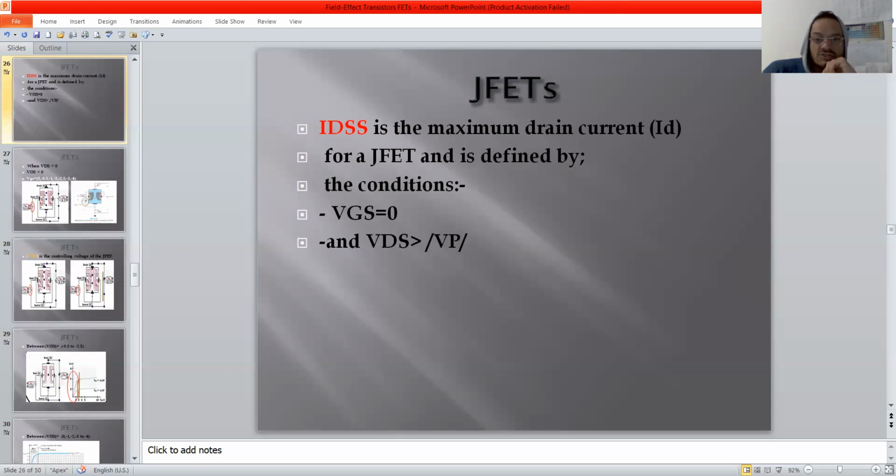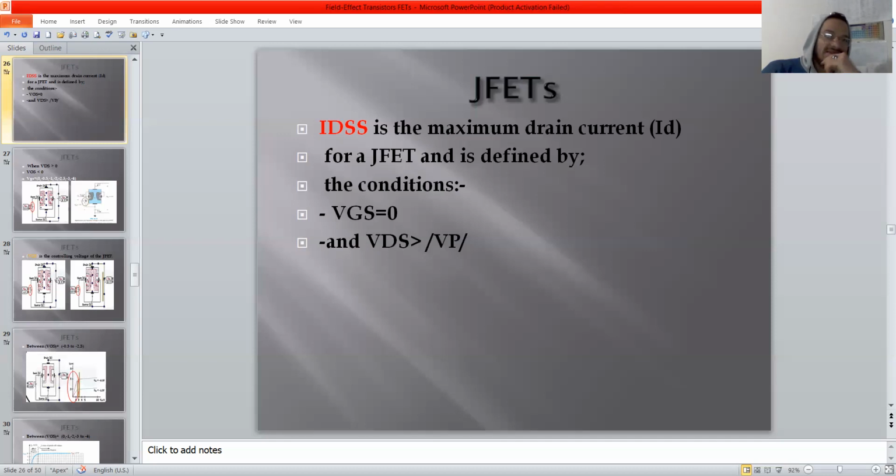Some MOSFETs are constructed so that in the absence of any gate voltage, there is no channel. It's important: if we don't have gate voltage, that means we don't have any channel. Such devices can be operated in enhancement mode, but not in depletion mode, since there is no channel to deplete. Both forms of MOSFET are available as either N channel or P channel.